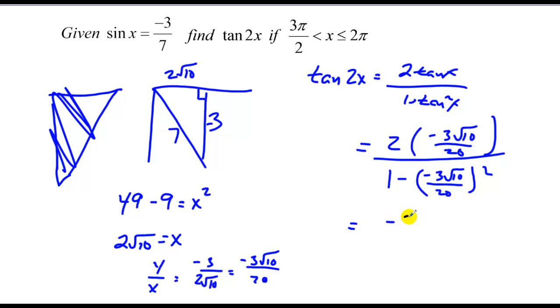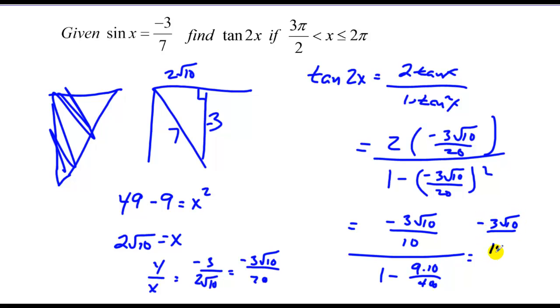This gives me -3 root 10 over 10 over 1 minus, that's 9 times 10 over 400. That's going to simplify a little bit. -3 root 10 over 10 over 1 minus, the 10 and the 400 go to a 1 and a 40, so that's 9/40.